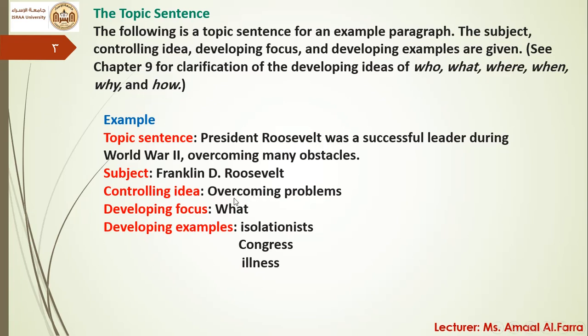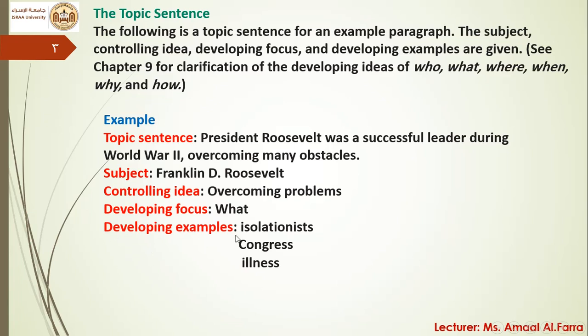The controlling idea is overcoming problems. Here, overcoming many obstacles. This is the controlling idea that you are going to mention some examples. How did he overcome these obstacles? Developing focus, the question will be what? It means what are these problems that Roosevelt overcame?